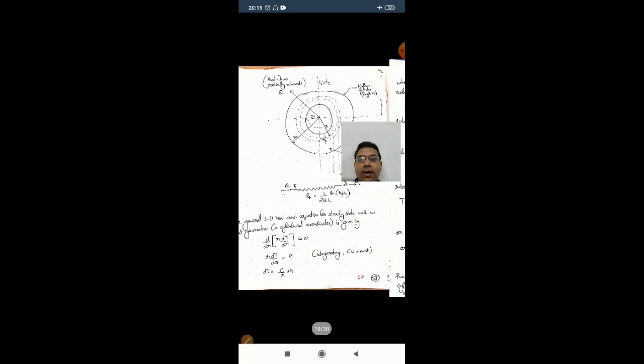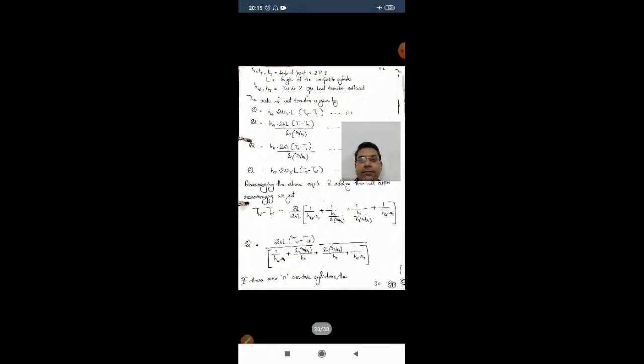So this h is the same as we have discussed in the plane wall case. Just going back one slide again, these are the radii R1, R2 and R3 at temperatures T1, T2 and T3. So the rate of heat transfer can be written as shown here.